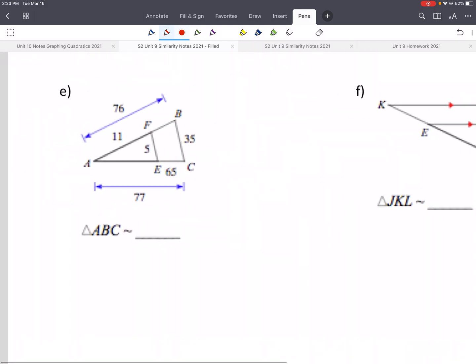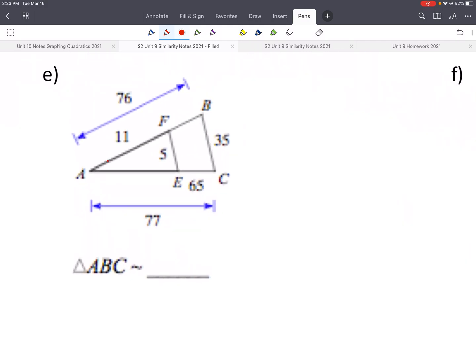All right, two last ones. Again, we have a shared angle. It looks like we also have enough information that we could do side, side, side. So maybe we'll do side, side, side since we do lots of side, angle, side. So we could write down the two separate triangles if you'd prefer.